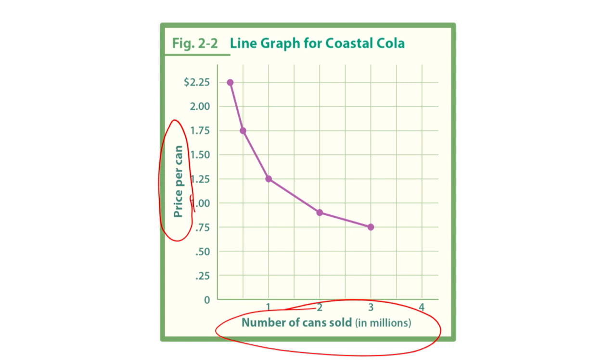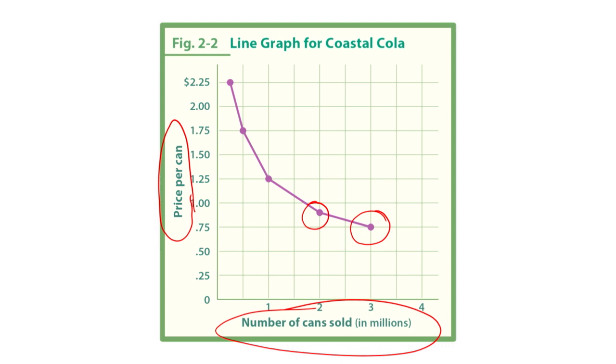Let's look at the information taken from the tabular model for Coastal Cola and apply it to the line graph. If we take that information and mark what we know, 75 cents at 3 million, and then 90 cents at 2 million, we can figure out that information that we didn't receive from the table.